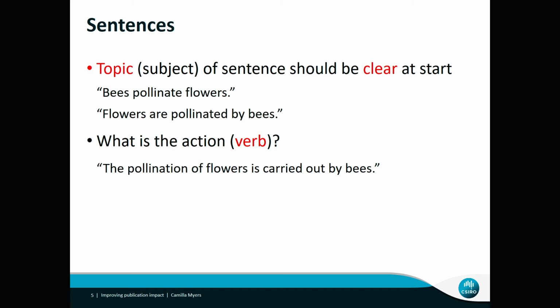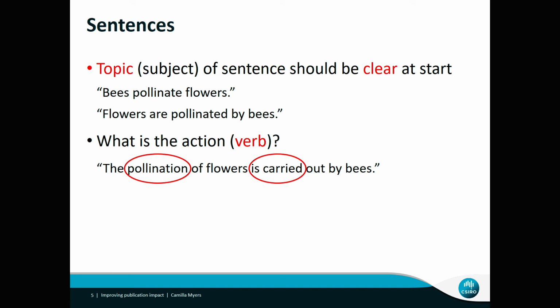As you can see, that's a really convoluted, weird kind of sentence. And it's because you can't really see what's happening with the flowers because it's not described well by the verb. So let's look at the verb. Is carried out by. Not clear at all. You can see that the verb to pollinate has been turned into a noun.